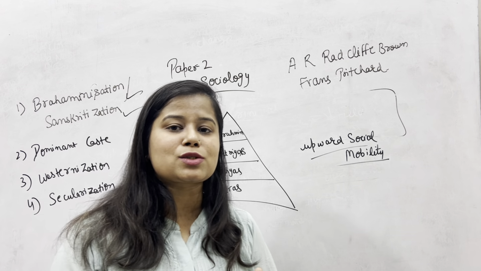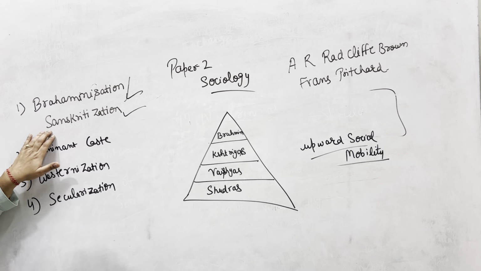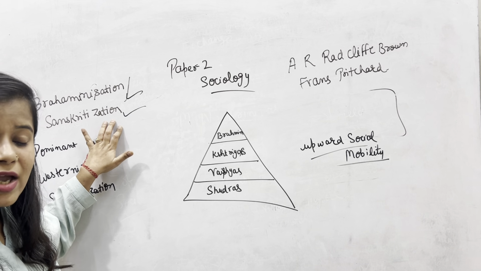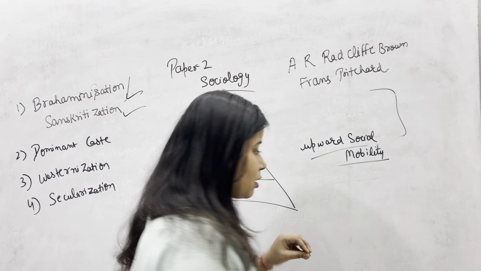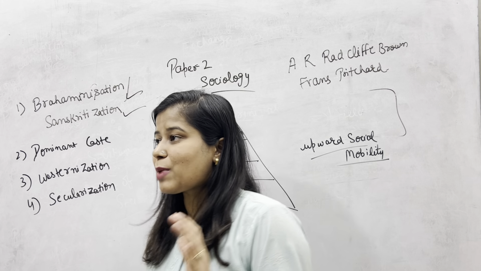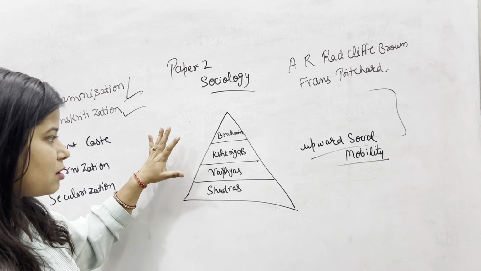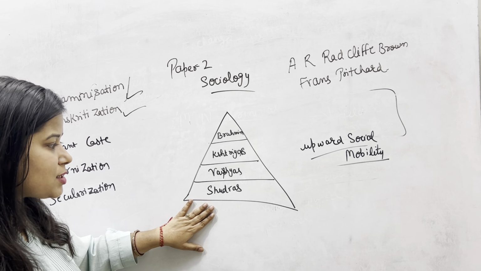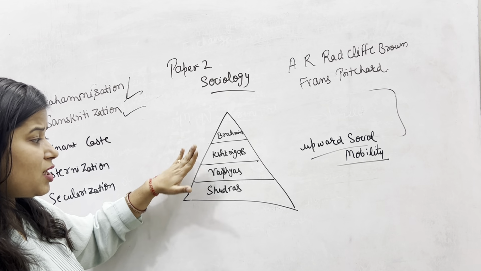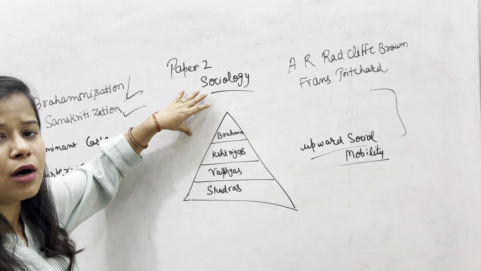So M.N Srinivas, by expanding his theory, renamed the concept Sanskritization. And Sanskritization is a process by which the lower caste tries to imitate the upper caste. Now the lower caste may be Shudras and Vaishyas, or Shudras and Kshatriyas, or Shudras, Vaishyas, Kshatriyas to Brahmins.